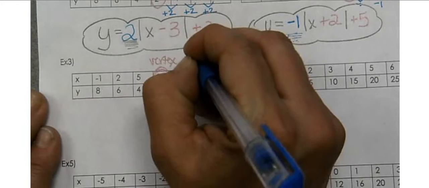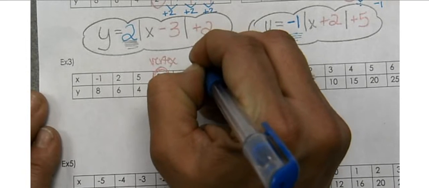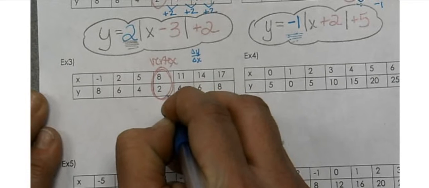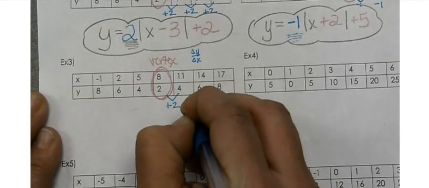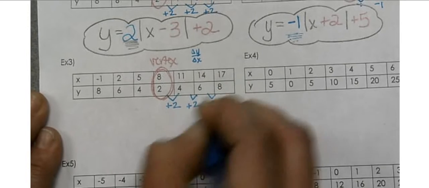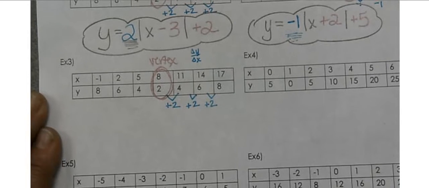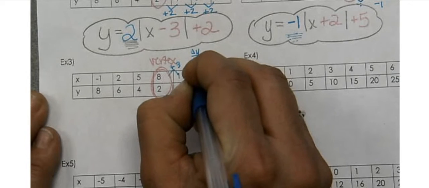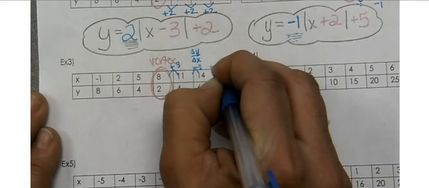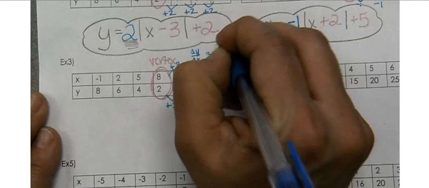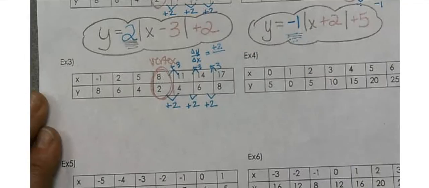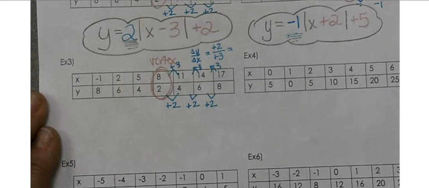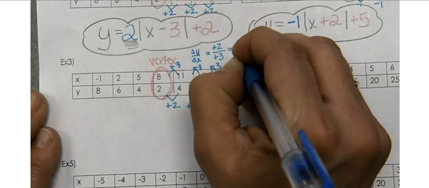Now we want to find our change in y over change in x. Notice that our change in y is that we're going up by 2 each time. But our change in x, we see that we're going up by 3 each time. So our change in y was +2. Our change in x was +3. That just reduces to +2 over 3.